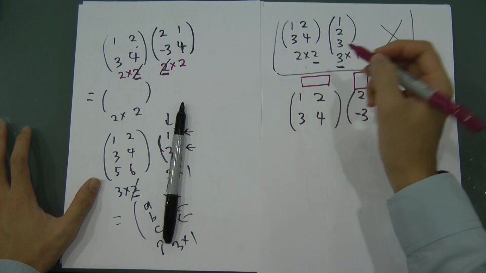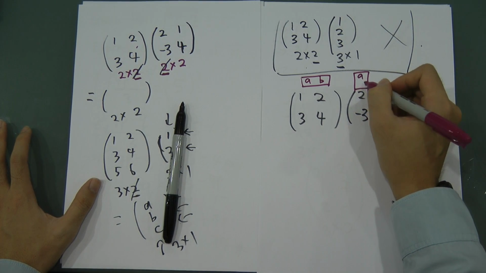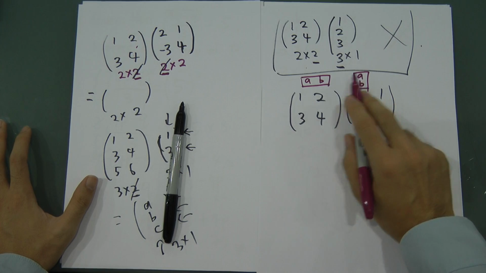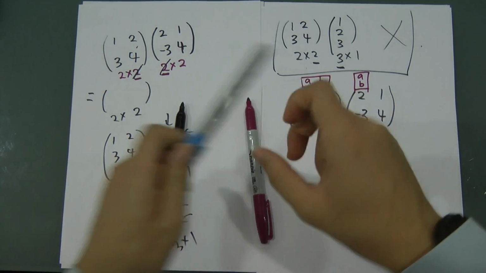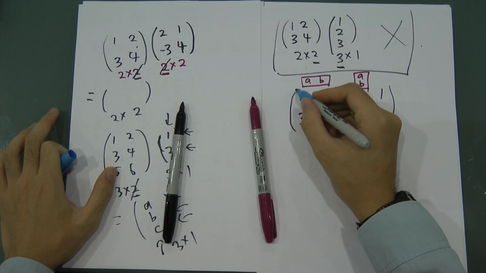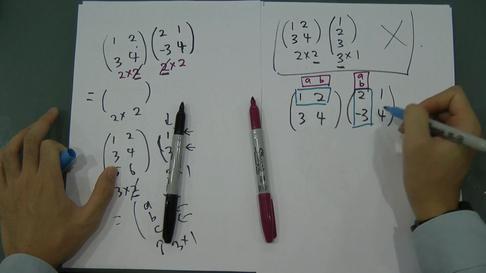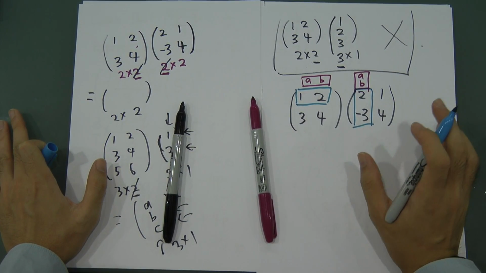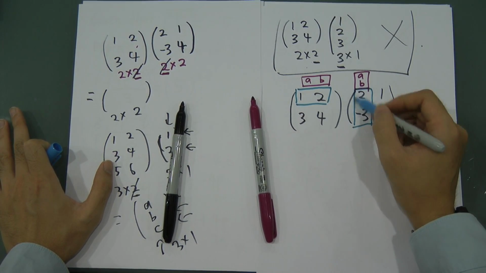If this is A, B, here you have A, B. A can only multiply with A, B can only multiply with B. So you must use horizontal multiple vertical. You cannot use vertical multiple horizontal. No way.